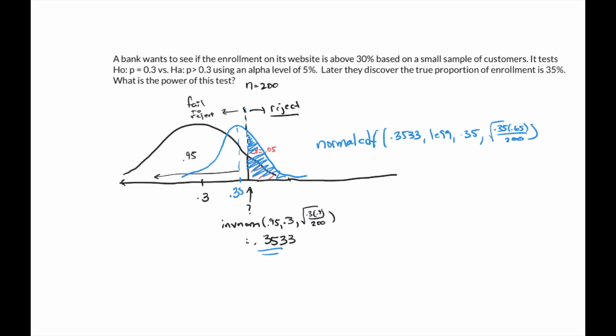Now, notice that the curves aren't really distinctly different. They're relatively close, so I'm not expecting to get a very large power here. In fact, it should be less than 50%, because it's not half of the area of the curve yet. So here we're going to do 0.3533 as my lower bound, 1E99 as my upper, which I can type in my calculator.